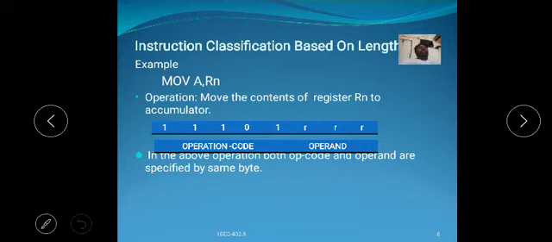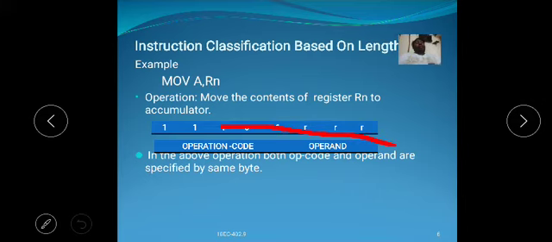The encoding is 11101RRR. In this operation, both the opcode and operands are specified by the same byte.